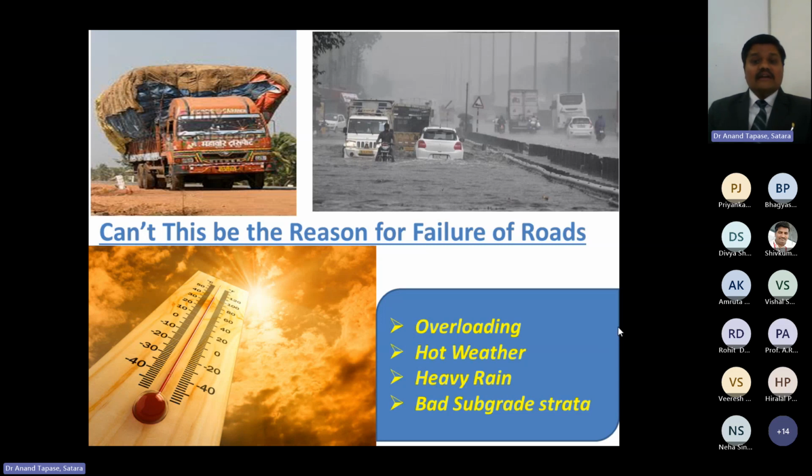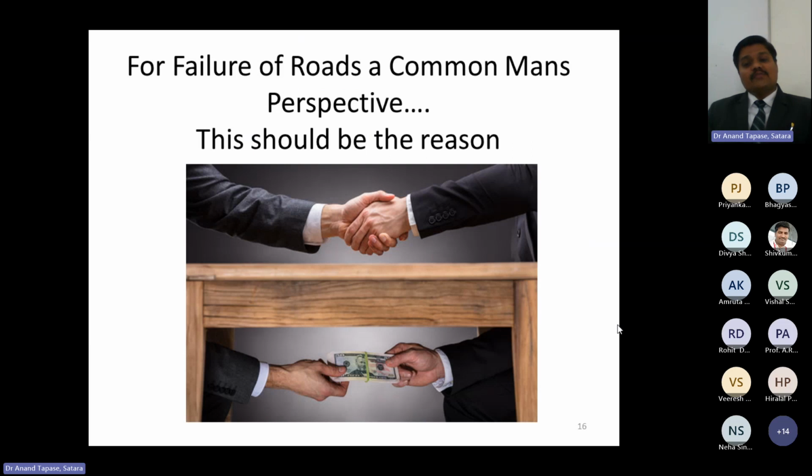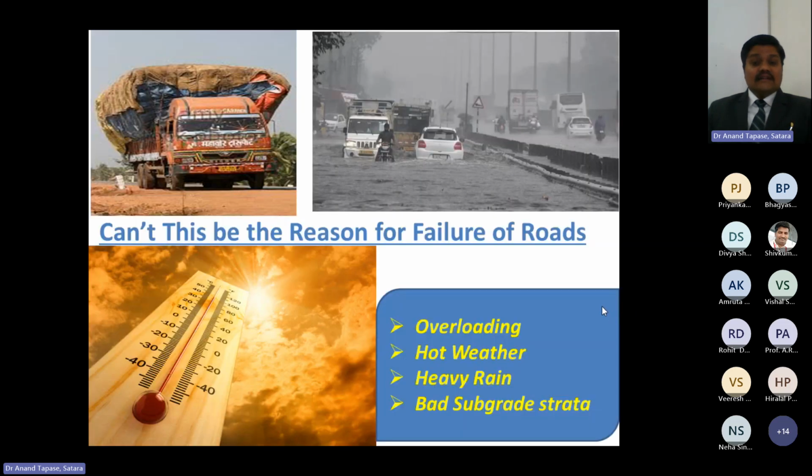So this may be the condition. Of course, the common man may restrict himself to the condition that is under the table, over the table. But as a highway engineer, or a transportation engineering expert, we should not neglect those points. Overloaded vehicles are one of the reasons for the failure of roads.